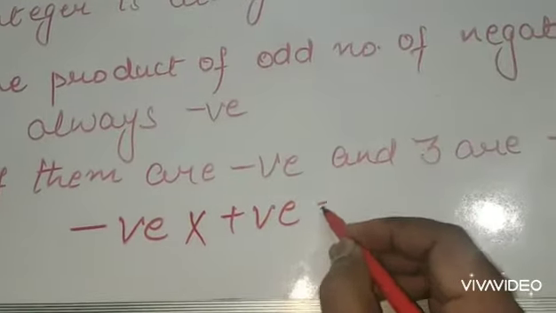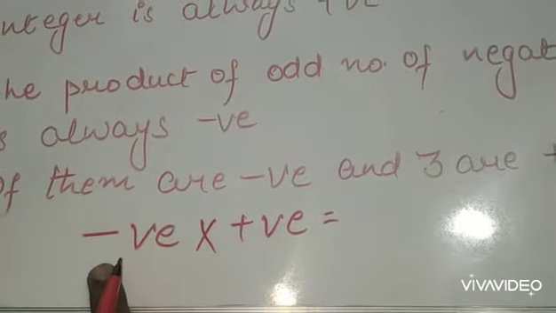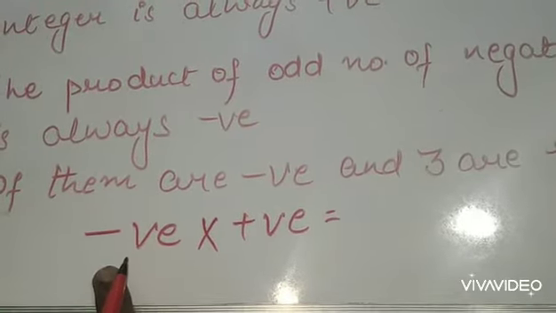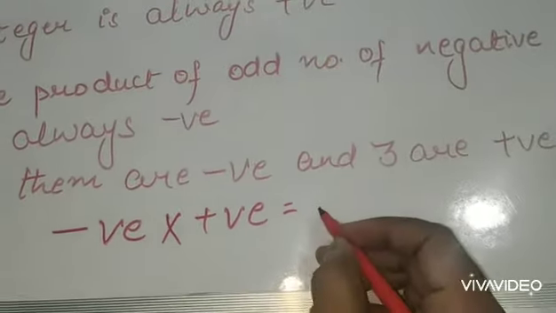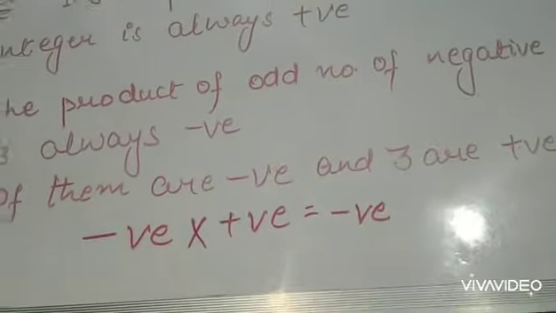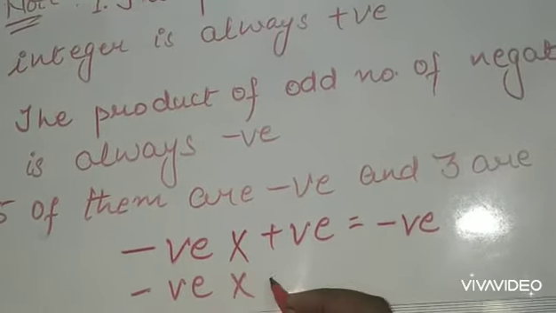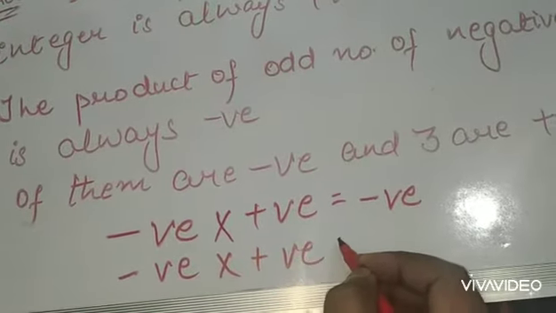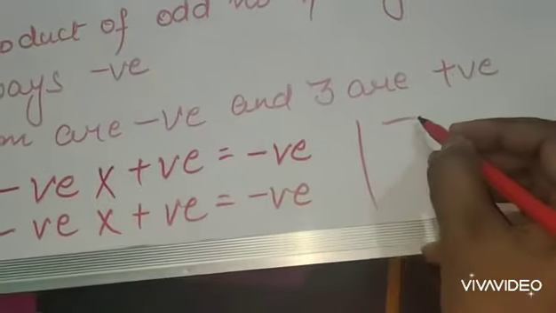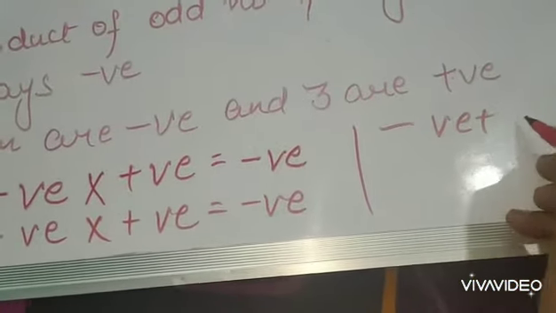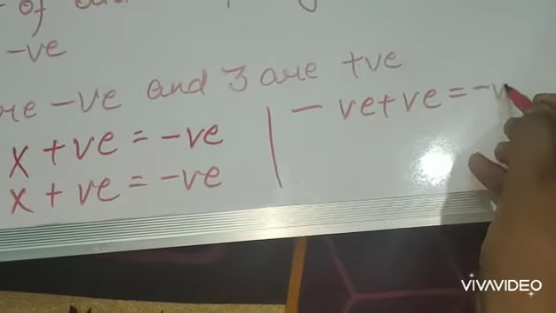As in the multiplication of integers, one negative integer multiplied with a positive integer gives a negative product, and again one negative integer multiplied with a positive integer gives negative, and the third time the negative integer multiplied with a positive integer gives a negative result.